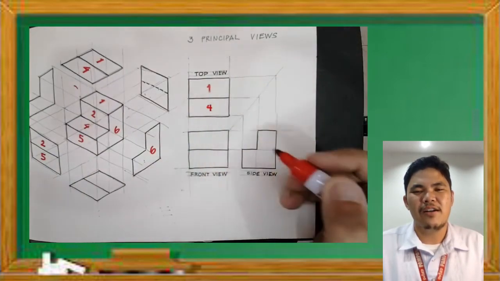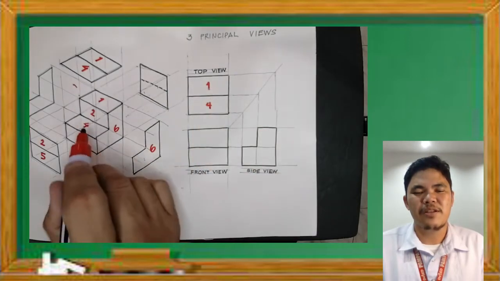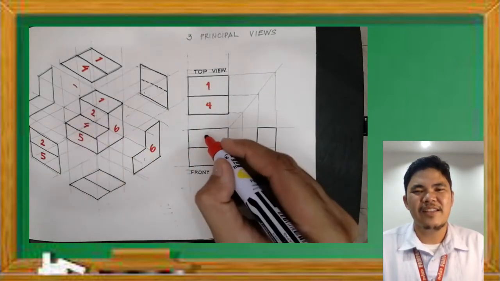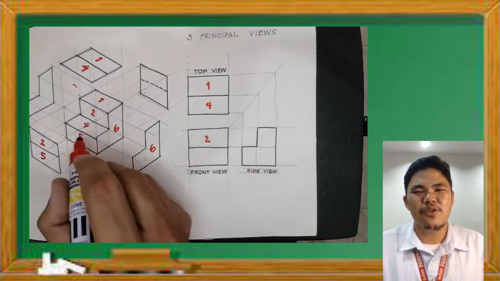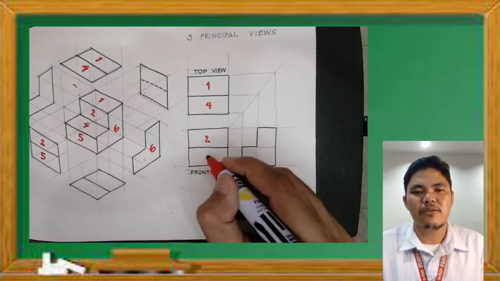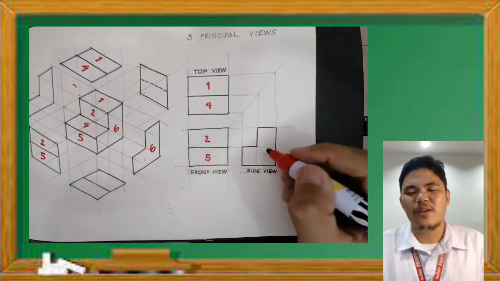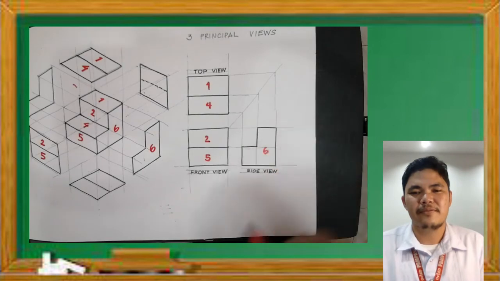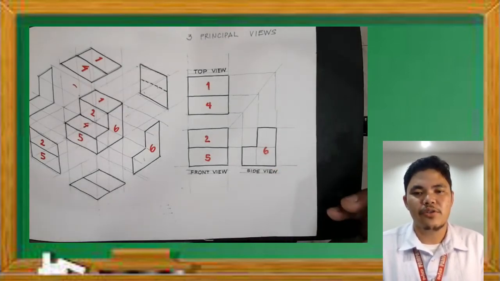Let us now have the front view. We have surface number 2, and then surface number 5. Surface number 4, the one in the middle, will no longer be seen because it is perpendicular to the object. And then we have surface number 6. So, this is what we call orthographic drawing.